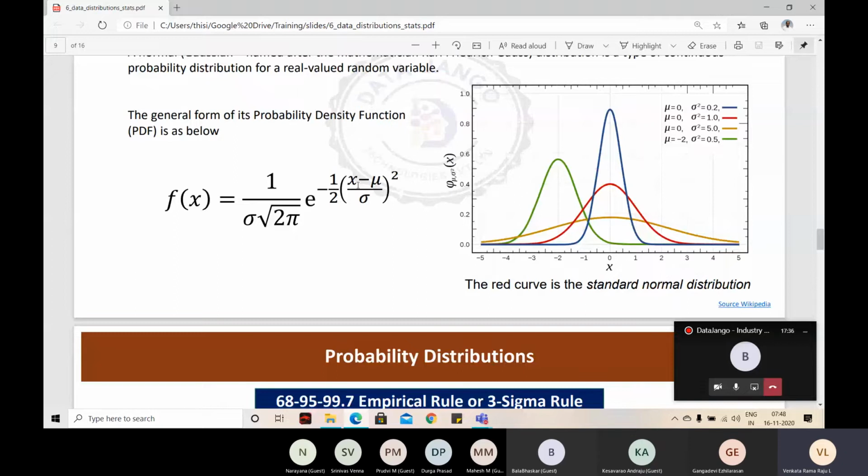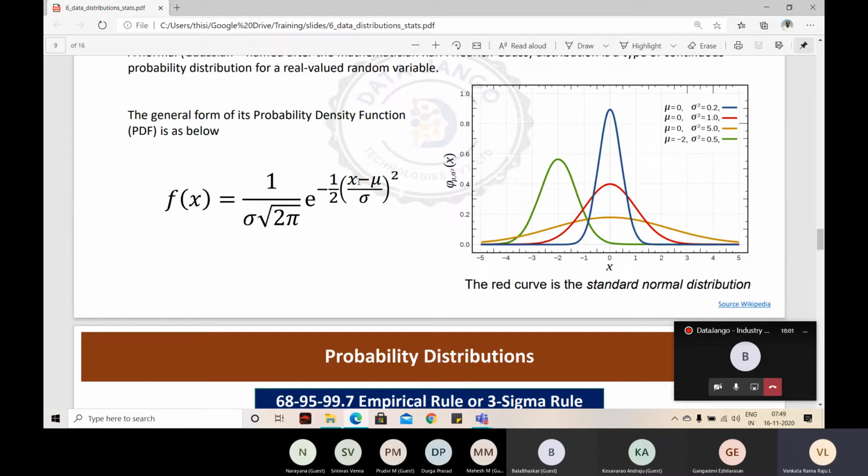If you take x, right? x is equal to mu. What happens? This is 0, right? e power 0 is 1. 1 by sigma into whatever this is going to be a number which is not equal to 0, but a big number.